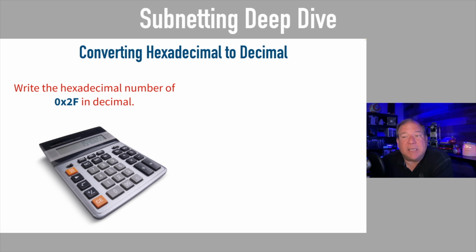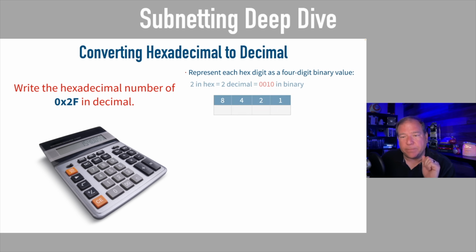Let's go in the other direction. Let's take a hexadecimal number and convert it to decimal. If I've got the hex number 0x2F, what is that in decimal? Let's take each of those hex digits, the 2 and the F, and write them as a 4-bit value.